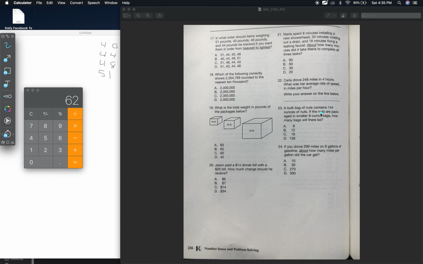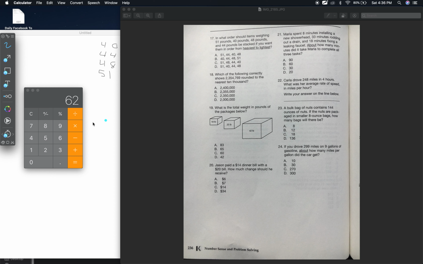So we want to make them into smaller bags of 8 ounces so we can distribute them to more people, or just divide them. So what we want to do is see how many times you can divide 144 by 8 ounces. Okay, 144 ounces by 8 ounces.